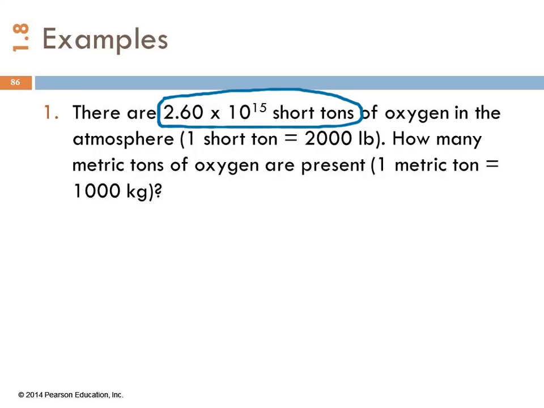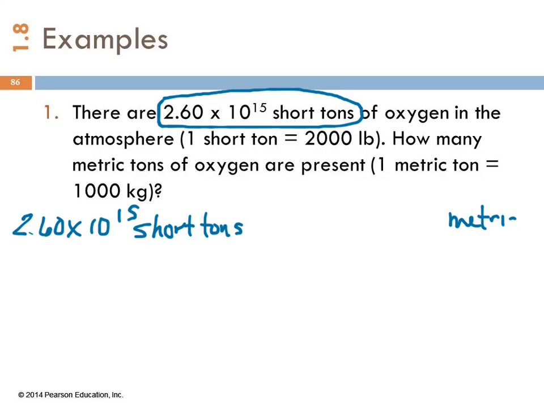So we have to identify the number we're starting with and its unit and what unit we're trying to find. So I'm going to write this down over here, 2.60 times 10 to the 15 short tons. And what are they asking us for? How many metric tons? So then over here, we want metric tons.